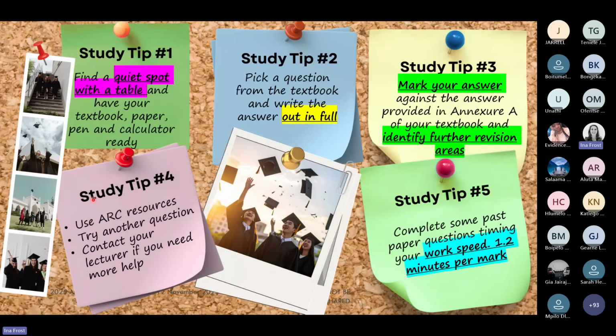If you do, you're going to come over to your ARC resources. You're going to see what is pre-populated in ARC or what your lecturer uploaded for you extra on ARC on that topic. You're going to try another question to make sure you have now understood and see where you went wrong the last time.